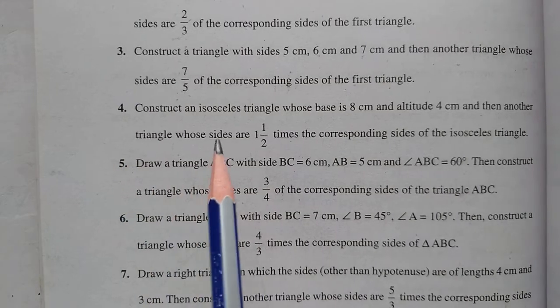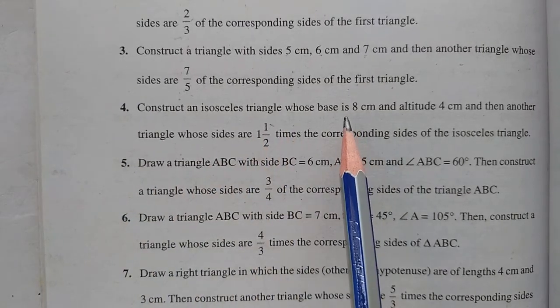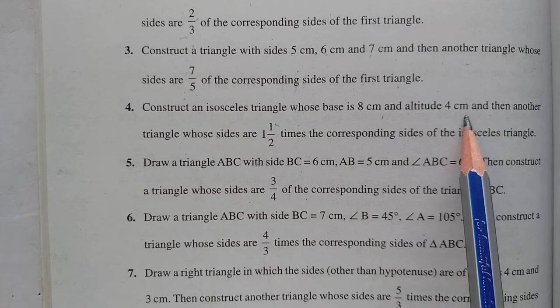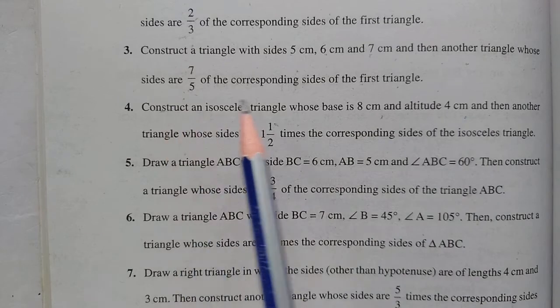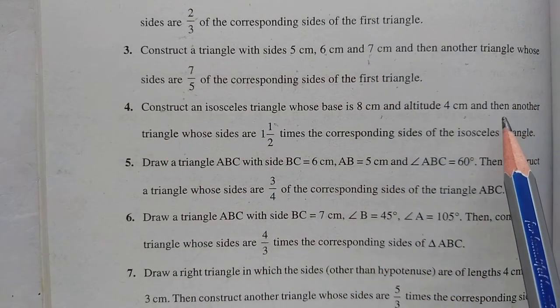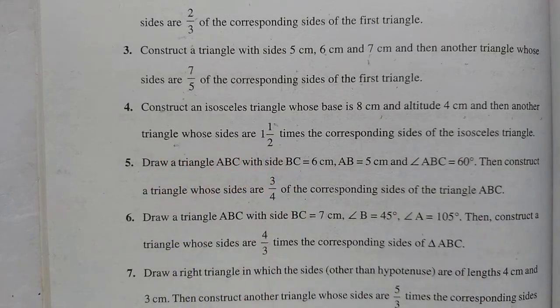Question 4. Construct an isosceles triangle whose base is 8 cm and altitude is 4 cm. Children, this construction is a little bit different compared to this one, remaining it is the same. Then construct another triangle whose sides are 1.5 times the corresponding sides of the isosceles triangle.